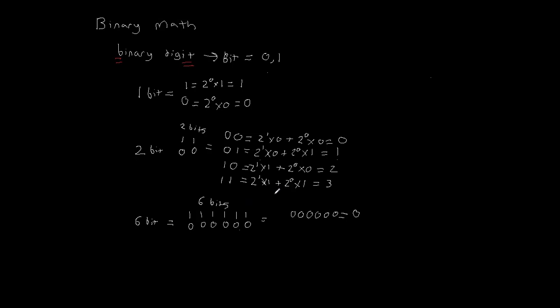So even if the pixel value is 0, we're still using the full 6 bits. It's not like we can just ignore the first 5 and go back to 1-bit. We still have to keep track of all 6 bits of information, even though the number that we see is 0.